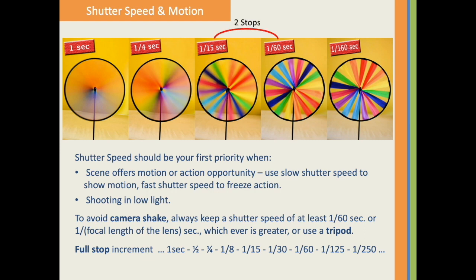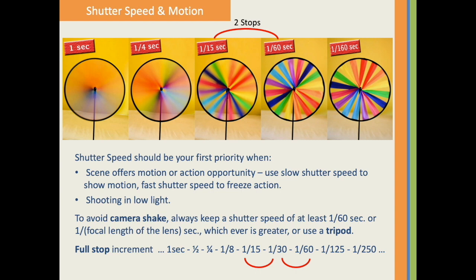So for example, here, when I go from 1/15 of a second to 1/60 of a second, I go up by 2 stops. How do I know that? Because I go from 1/15 to 1/30. That's 1 stop, so I'm decreasing the light by half because I have a faster shutter speed. Then I go from 1/30 to 1/60. Again, I'm decreasing the light by half.